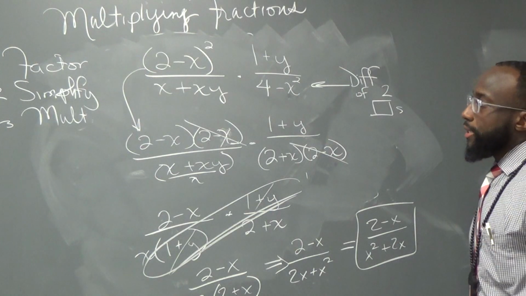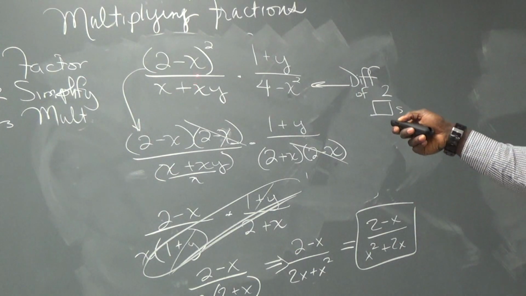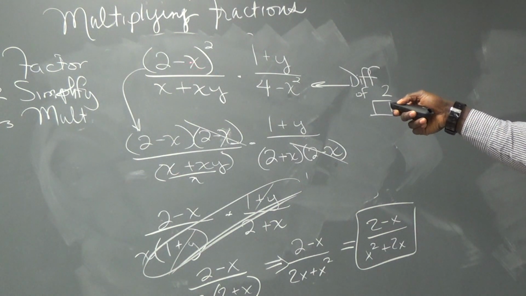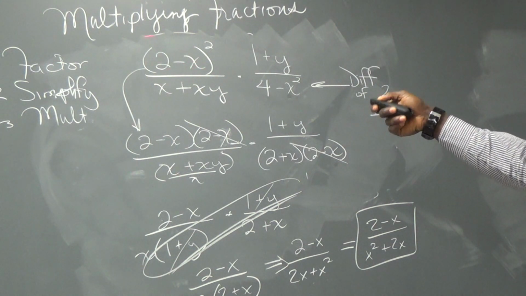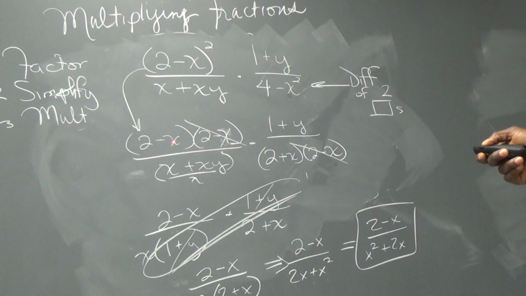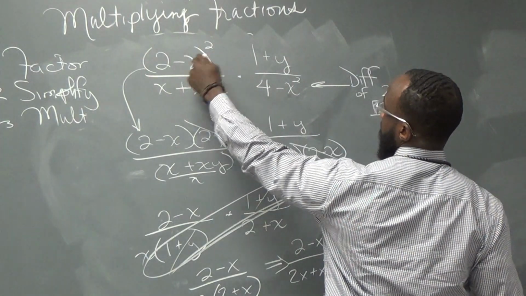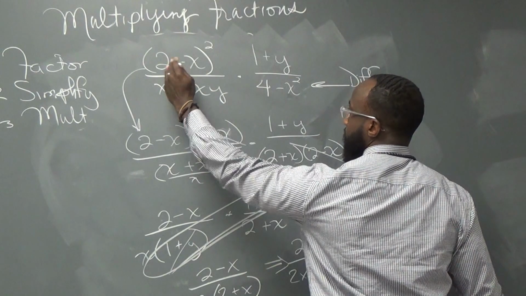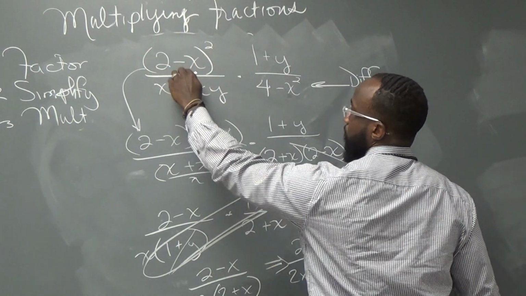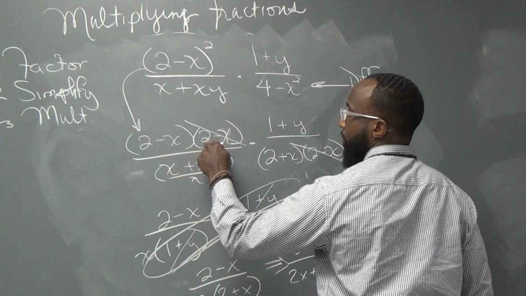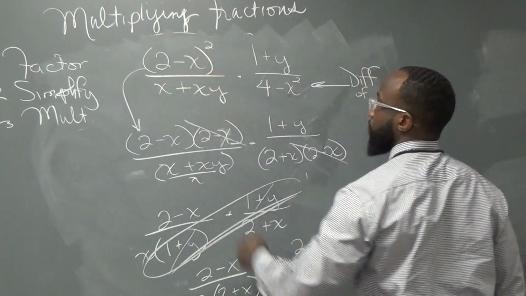Okay, so let's see what we did. The first thing we did was rewrite the 2 minus x squared to be 2 minus x times 2 minus x, because any value raised to a power is that value times itself that many times. So 2 minus x squared is 2 minus x twice.